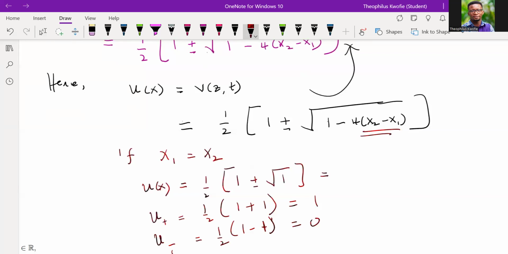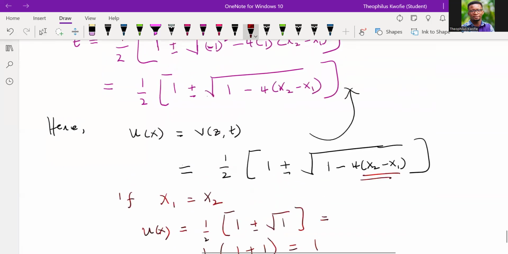I also want to point out that u is defined for the situation where x2 minus x1 is less than or equal to a certain value. We can say that this u will have a solution if the radicand, the term under the square root, satisfies a condition.